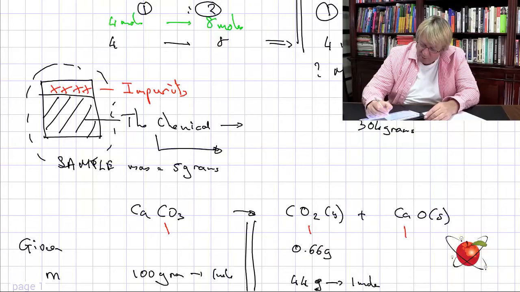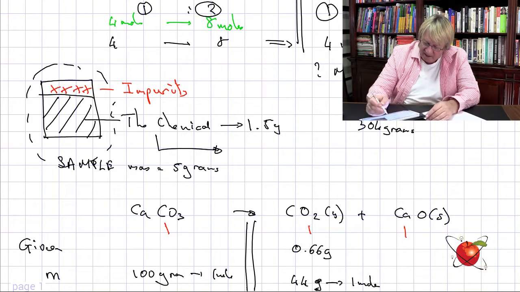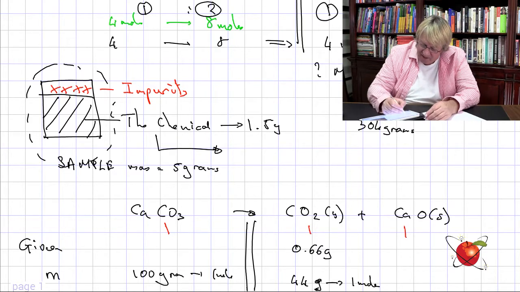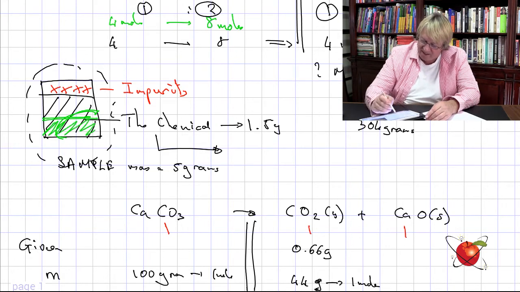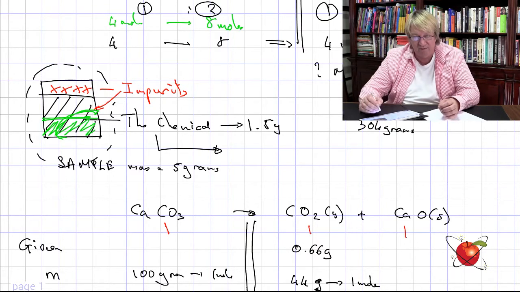So therefore, there was only inside of my sample over here, the chemical, there was only 1.5 grams. And my sample was 5. So the chemical actually was a much smaller bit than I've got there. The chemical was down here. It was only that lump. Okay, let's call it this bit. The rest of it was impurities as well, wasn't it? So how much is the impurity?